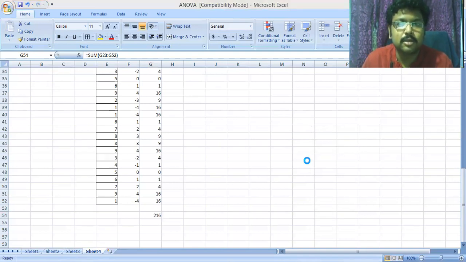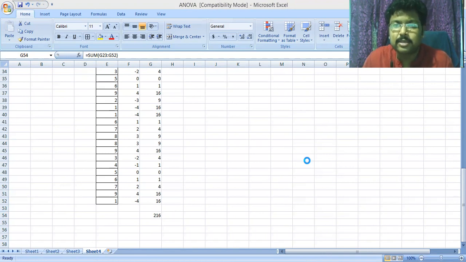Look, insert the equation. Here summation, and what is the formula?